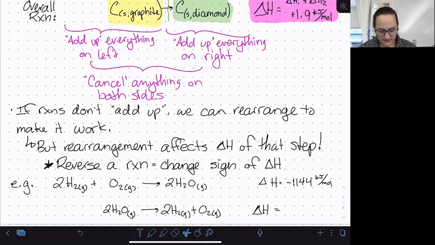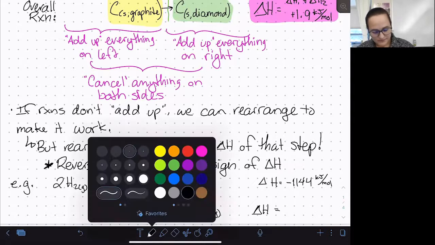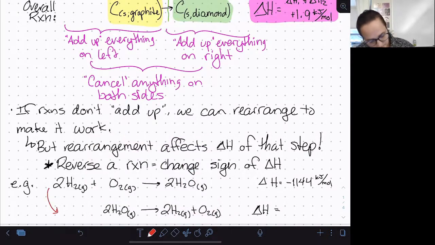So for instance, if I know that 2 moles of hydrogen gas reacting with 1 mole of oxygen to form 2 moles of water vapor has a delta H of negative 1144 kilojoules per mole, then the reverse reaction of that would be 2 moles of water reacting to form 2 moles of hydrogen and 1 mole of oxygen.